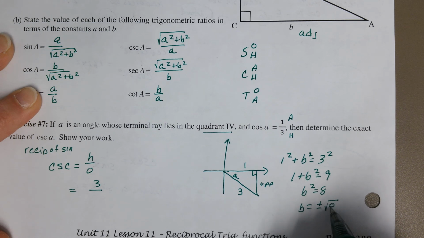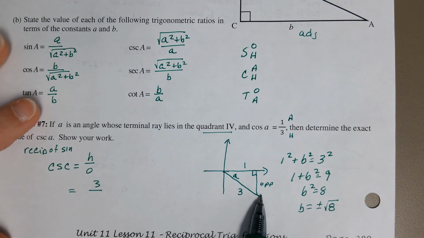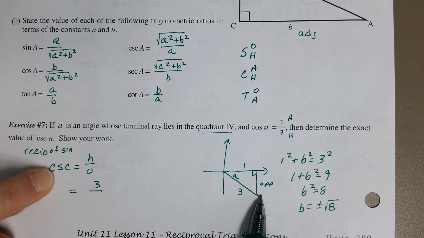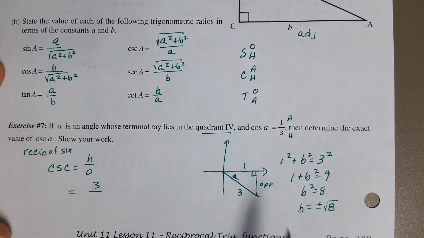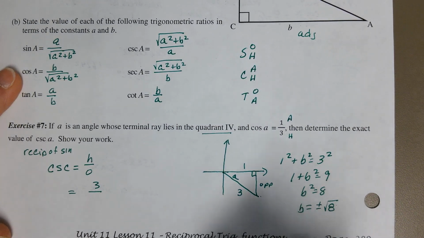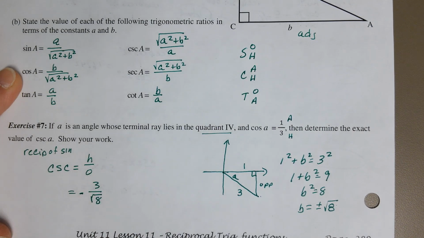We are in quadrant 4, where sine, or its reciprocal, is going to be negative. So this would be negative 3 over square root of 8.